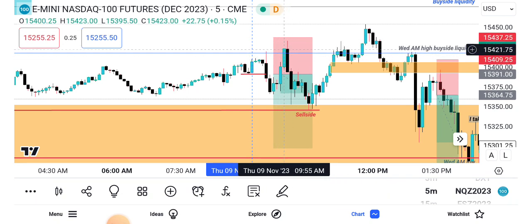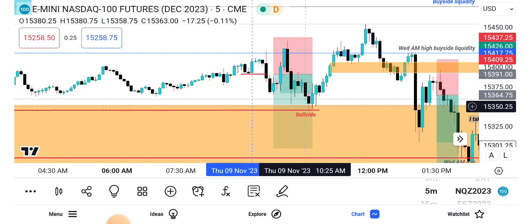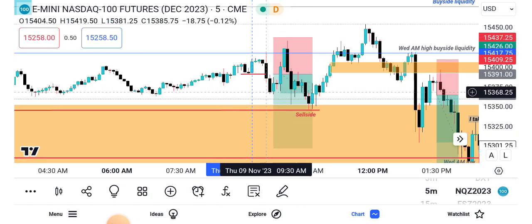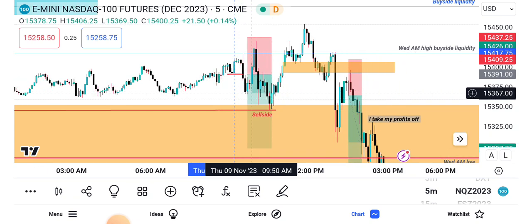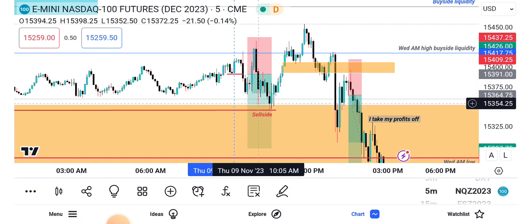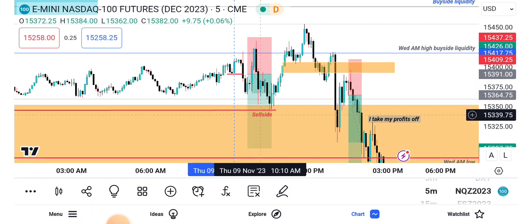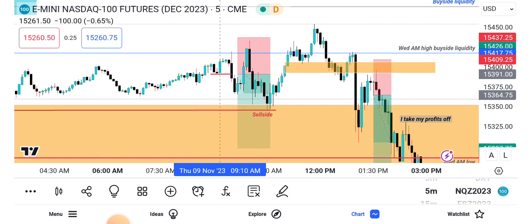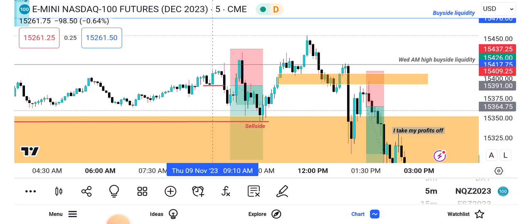It retraced, didn't take it, went lower, cleared this liquidity and the equal lows liquidity. You can see here it cleared that, then made another low, then I don't know what happened, but it's the market, we cannot control it.